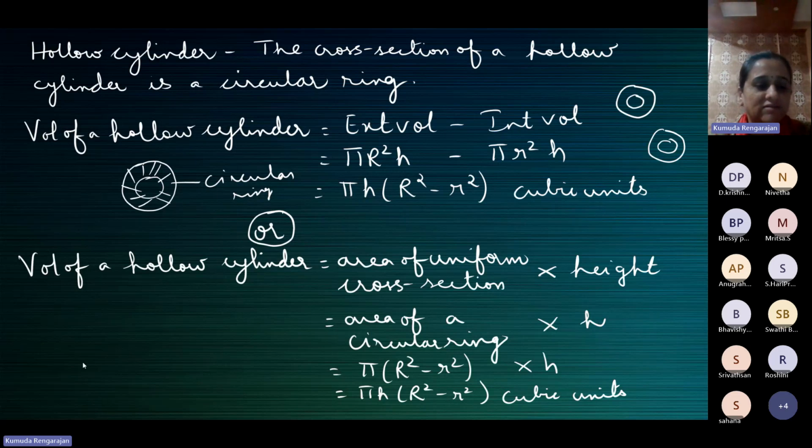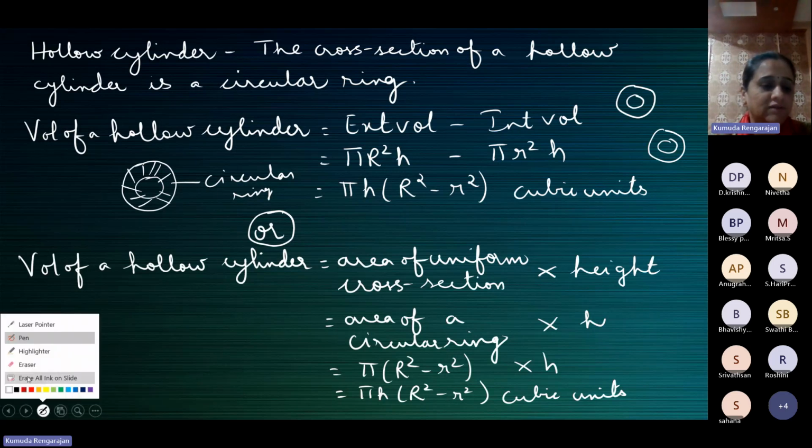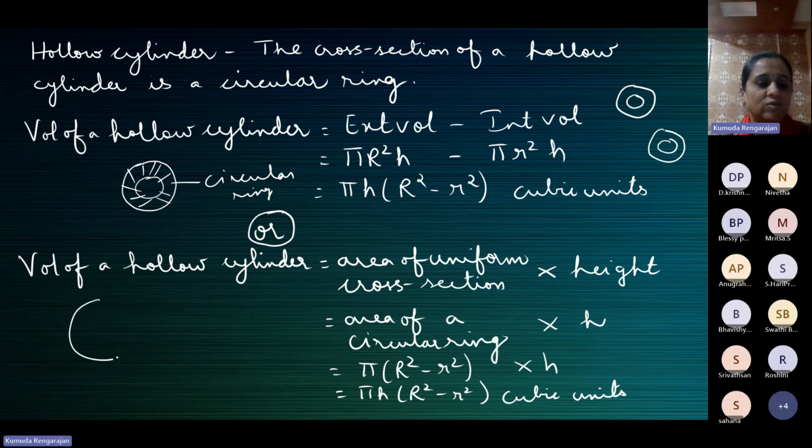And a circular ring is like this, as I just showed you. One big circle, say it's made of paper. This is the center of the circle. Say the radius of the circle is 5 centimeters. Now you cut a circle with the same center, but radius 3 centimeters, you cut it off.